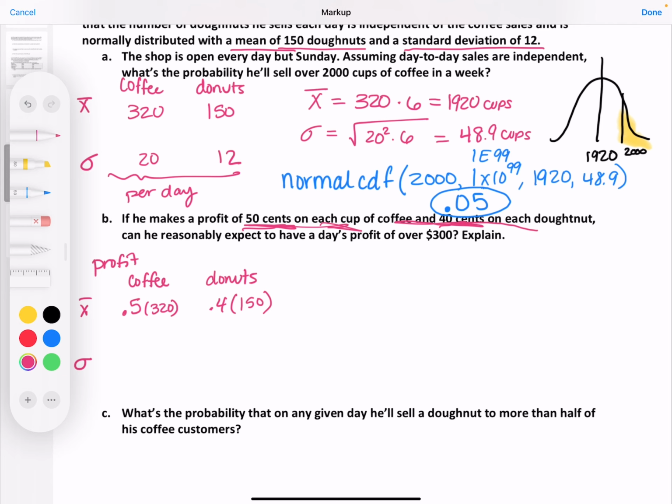And then we do the same thing for their standard deviation. So 0.5 times 20 and 0.4 times 12. Now, these come out to be $160 for coffee, $60 for donuts, $10 for coffee standard deviation, and $4.80 for donut standard deviation.